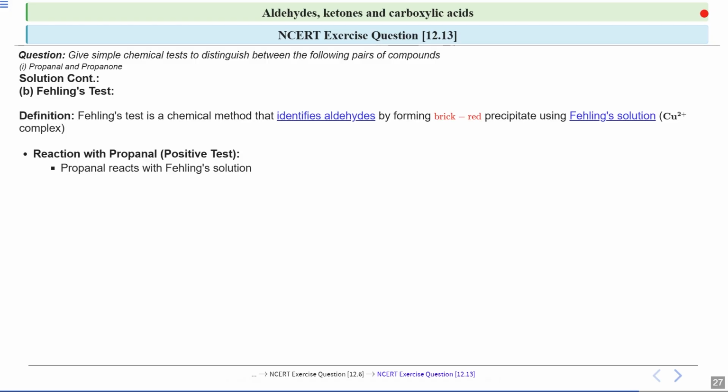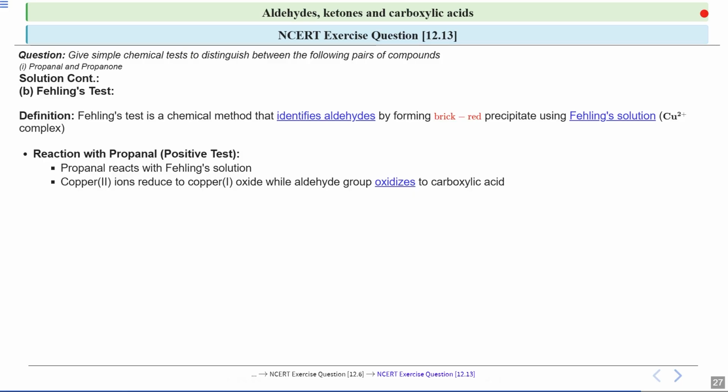When propanal is added to Fehling's solution, you will see that propanal has an aldehyde group, which is a CHO group. During this reaction, the copper ions in the solution are reduced from copper 2 to copper 1 oxide. At the same time, the aldehyde group in the propanal is oxidized to carboxylic acid.